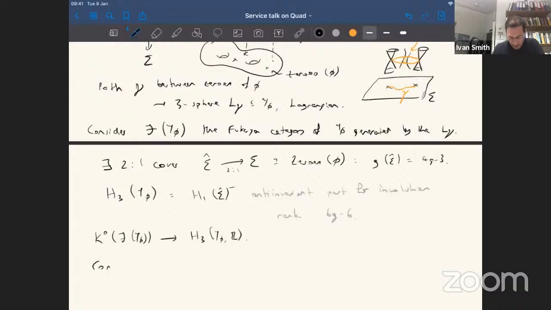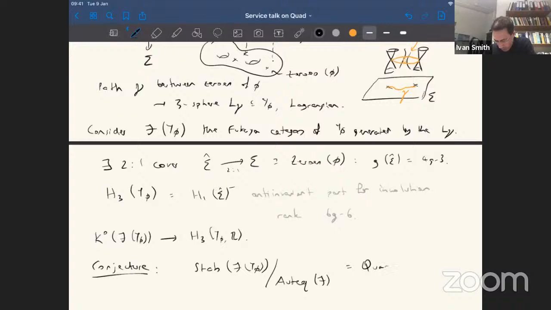And for various reasons, one's led to conjecture that the space of stability conditions in Bridgeland's sense on this Fukaya category, modulo the group of autoequivalences, is the space of quadratic differentials with simple zeros.